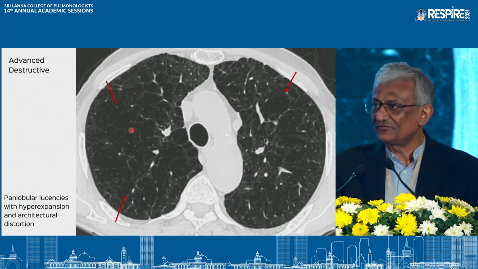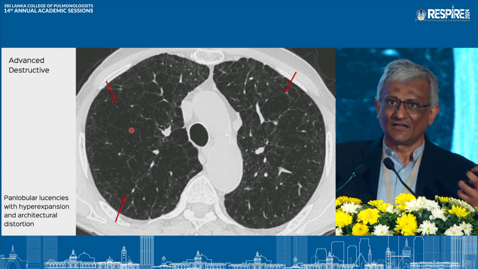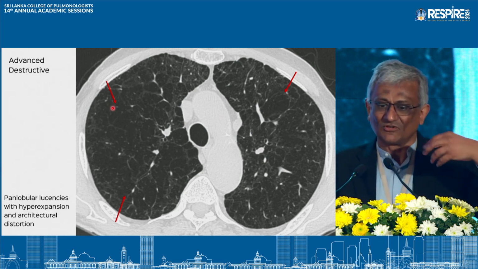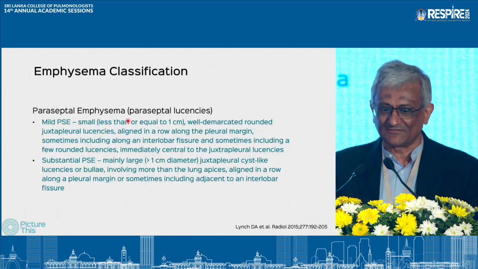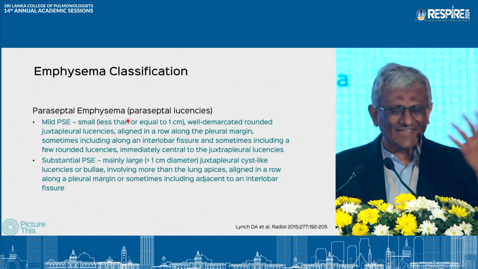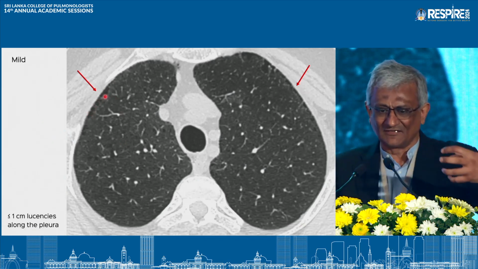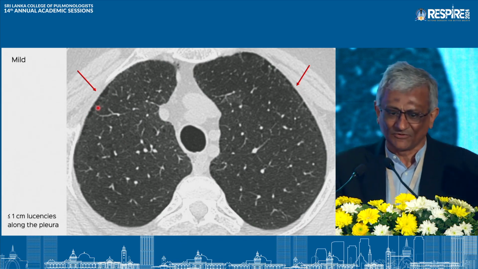And when these confluent lucencies involve a large part of the lung with apparently increased air, so you see what looks like a bit of overinflation, then it's advanced destructive emphysema. The same goes for paraseptal. You see this one row of cysts at the periphery, typically in the upper lobes.